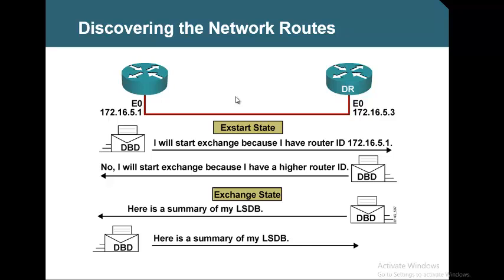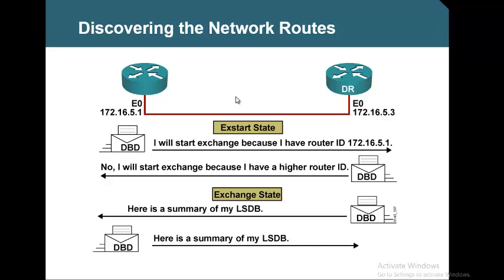So this will keep continuing till the DR gives everything that it knows about the others. If one other router wants to give something to another other router, it has to go through the DR. So whenever the DR gets new LSUs and DBDs, it will keep on sending them to all others using 224.0.0.6.